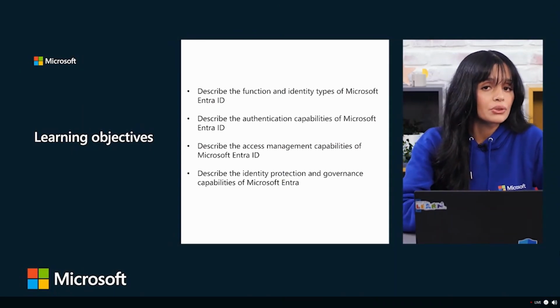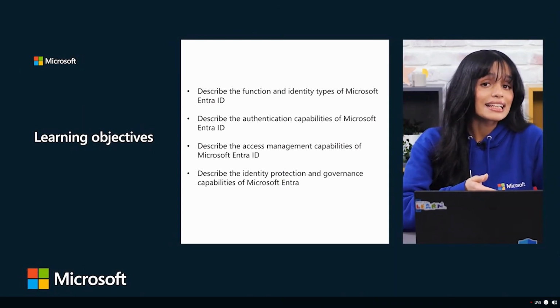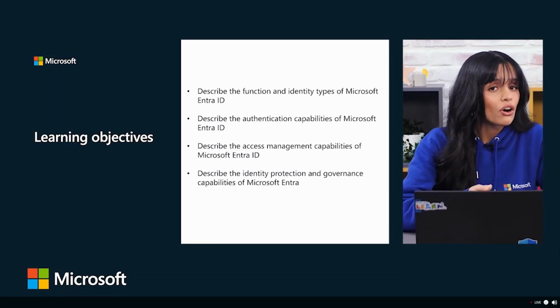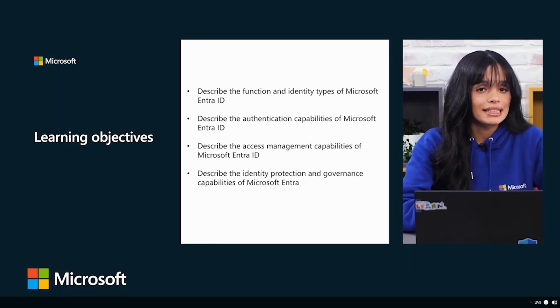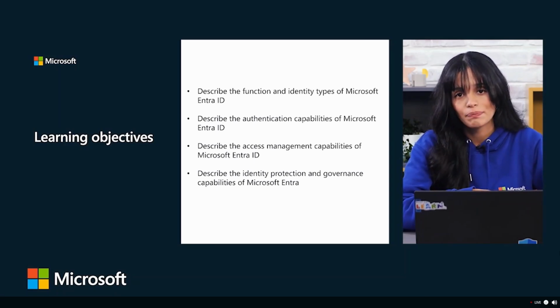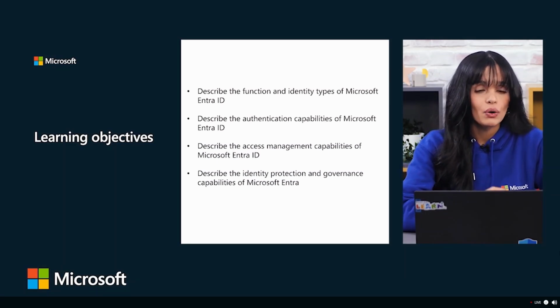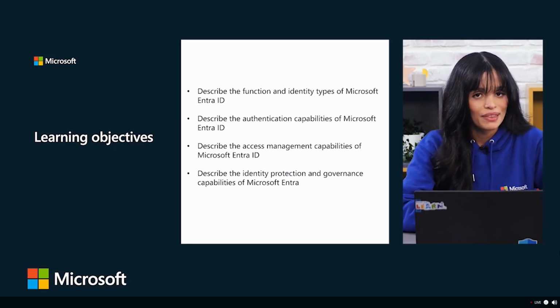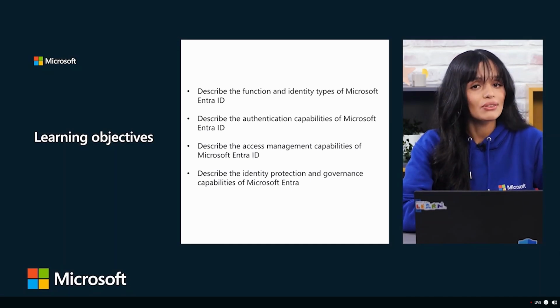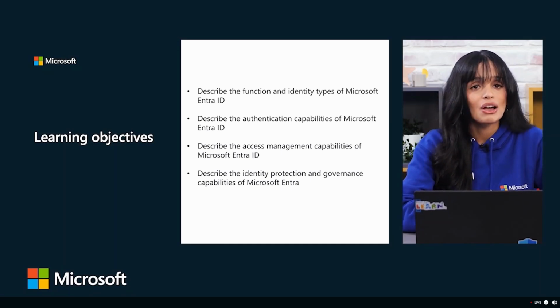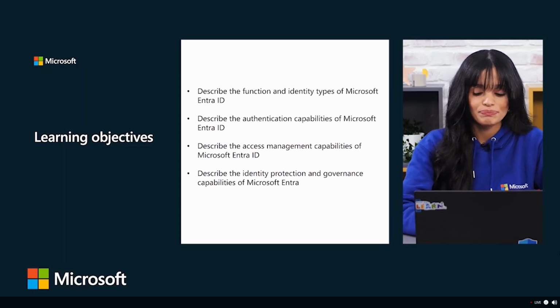We will start looking at the function and identity types of Microsoft Entra ID. Then, moving on to the authentication capabilities of Microsoft Entra ID, followed by access management capabilities of Microsoft Entra ID. Finally, we will be talking about identity protection and governance capabilities of Microsoft Entra.